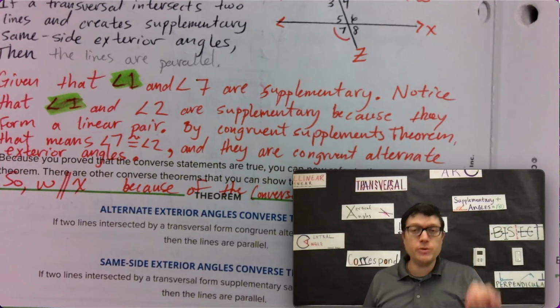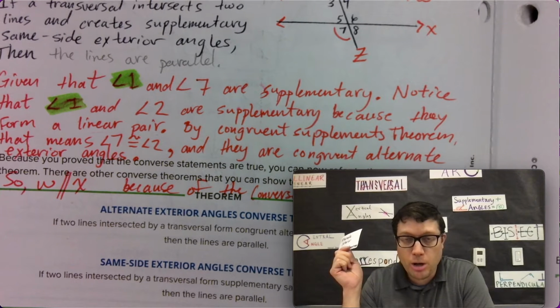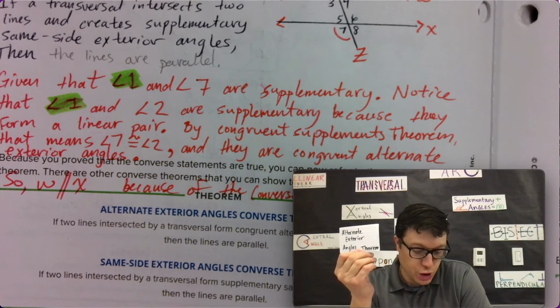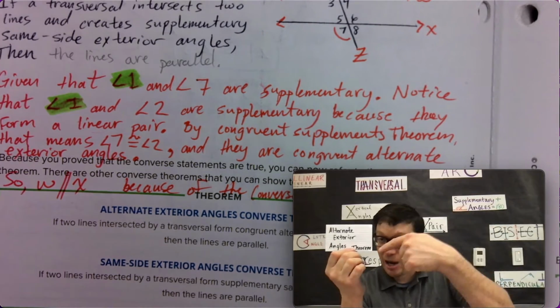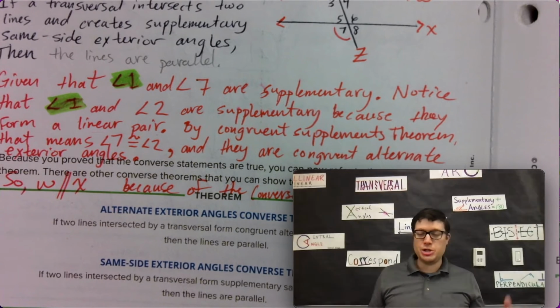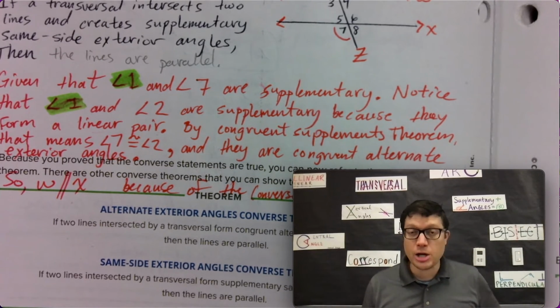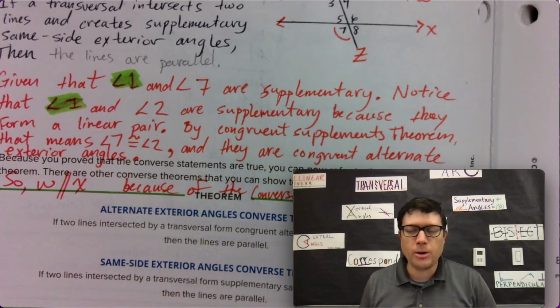And once you've proven something, that now becomes a shortcut for you to use from that point on. So noticing that 2 and 7 are congruent alternate exterior angles, and that was enough to prove the lines are parallel, then we get to shortcut all of the extra words that could be said and just use that to say W and X are parallel lines.